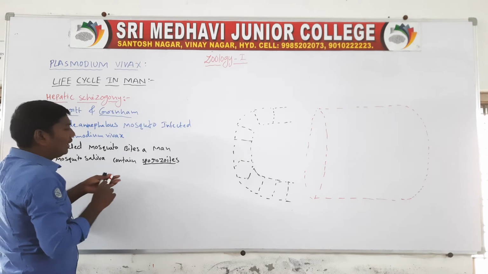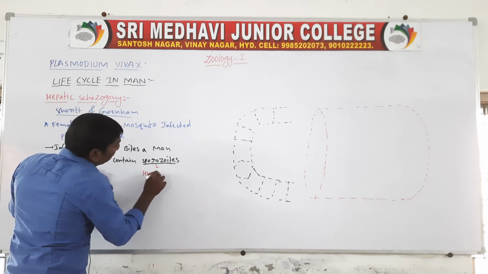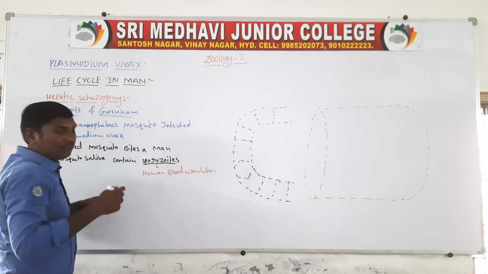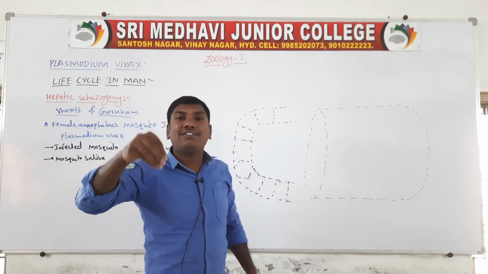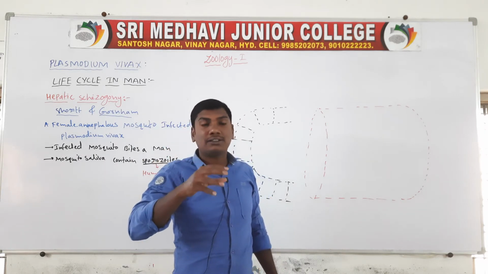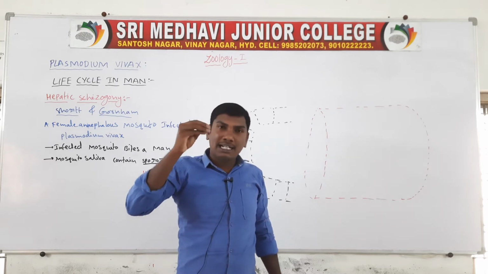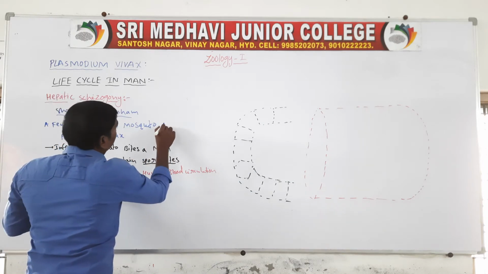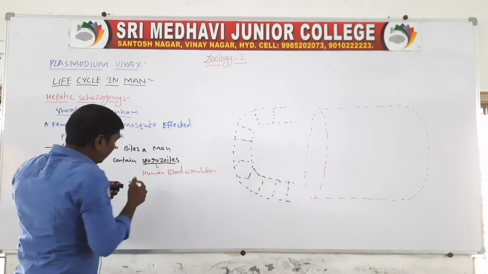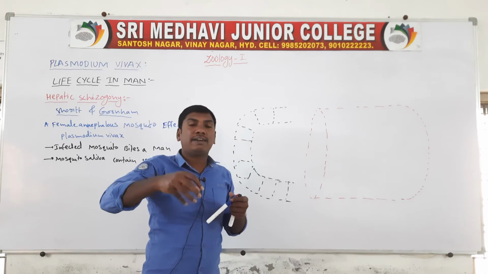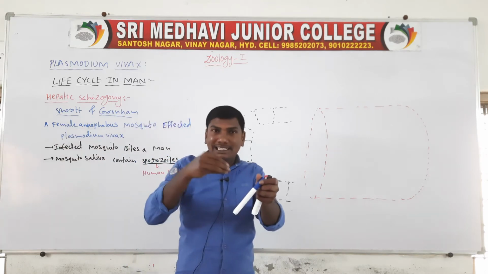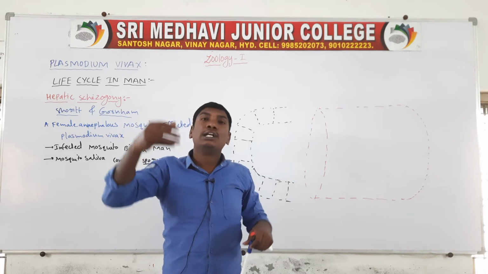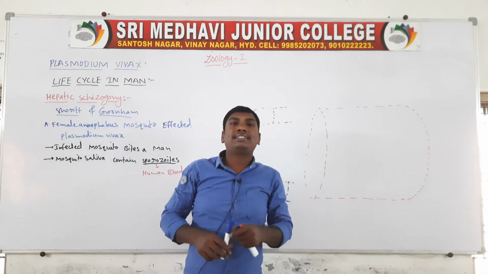To revise, the female Anopheles mosquito infected with Plasmodium vivax bites a human being, its saliva contains sporozoites, and those sporozoites enter the human blood circulation.